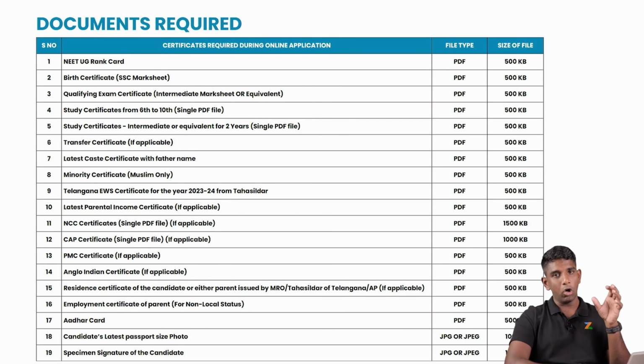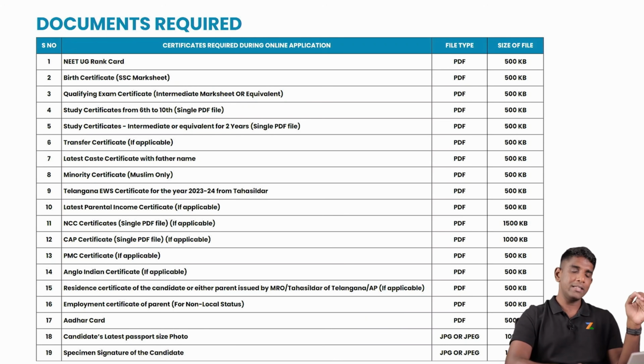This is for non-local candidates, and Aadhaar card, candidate's latest passport photo and signature of the candidate. So the passport photo and the signature of the candidate has to be uploaded as JPEG file, and each image is 100 KB, and all other documents are to be uploaded as PDF.